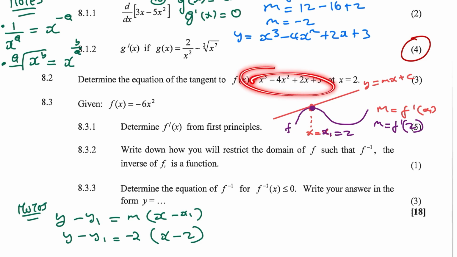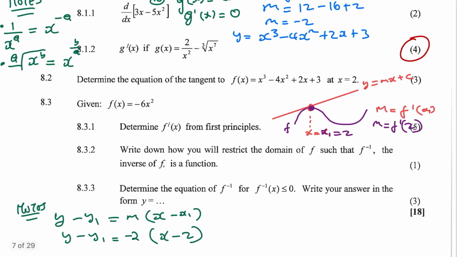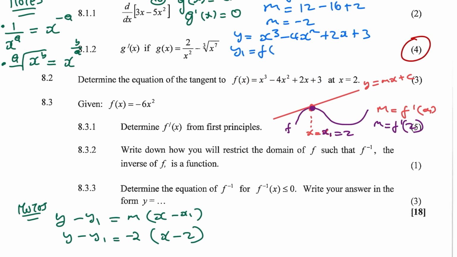This function here, okay? And then y1 is equal to, let me not put y like that, just don't want to confuse people, right? So y1 is equal to when x is equal to 2, the x1. And so y1 is equal to 2 cubed minus 4 times 2 squared plus 2 times 2 plus 3.